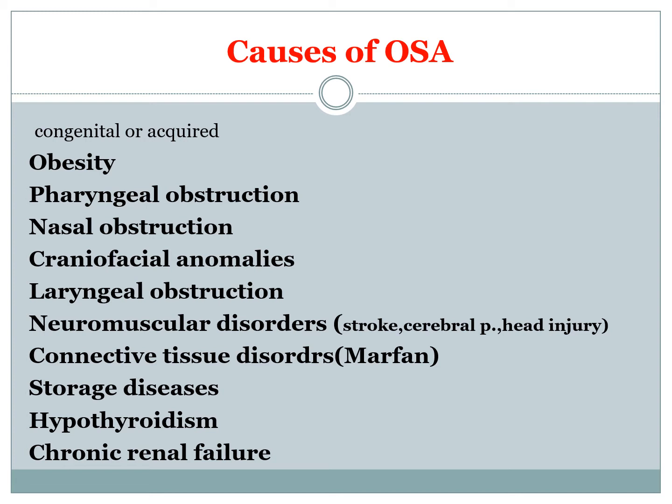The two common causes are obesity and pharyngeal obstruction, tonsillar hypertrophy. Other causes of obstructive sleep apnea are nasal obstruction, craniofacial anomalies, laryngeal obstruction, neuromuscular disorders, connective tissue disorders such as Marfan syndrome, storage diseases namely mucopolysaccharides, hypothyroidism, and chronic renal failure.